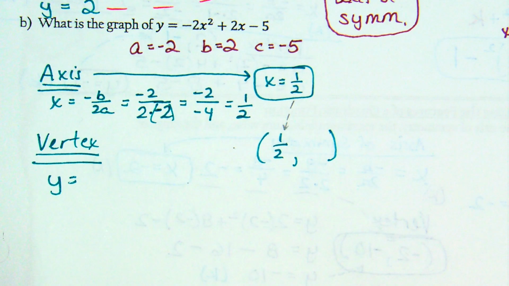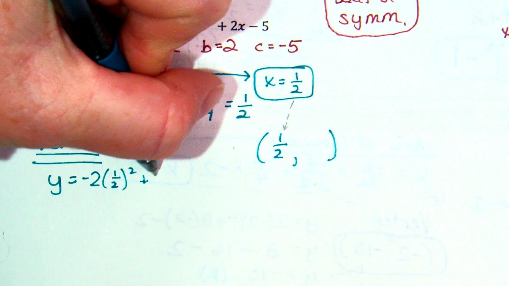So y equals negative 2. What was the rest of it? Negative 2 times 1/2 squared plus 2 times 1/2 minus 5.